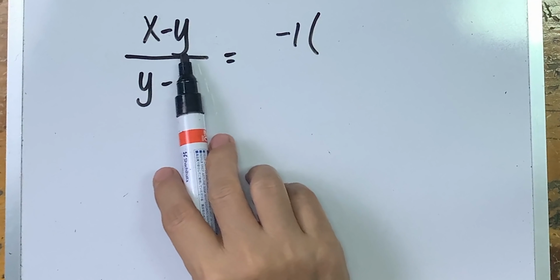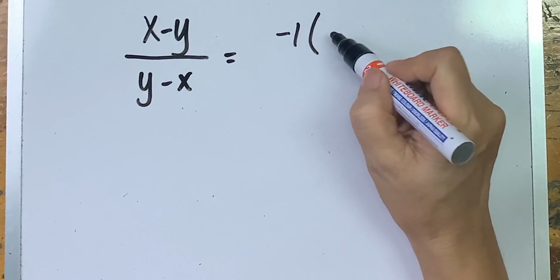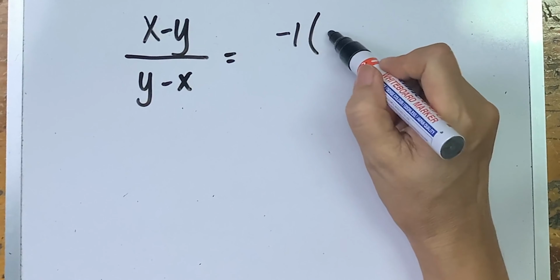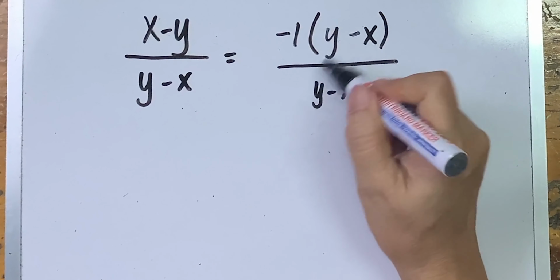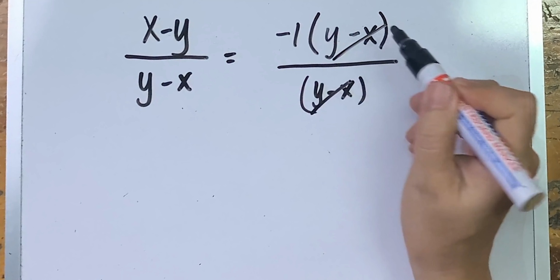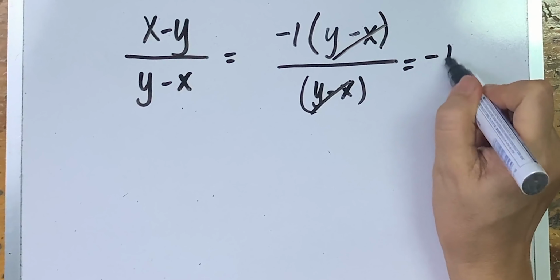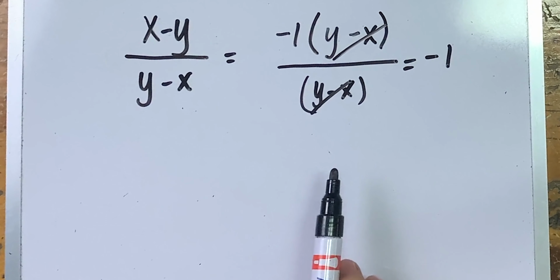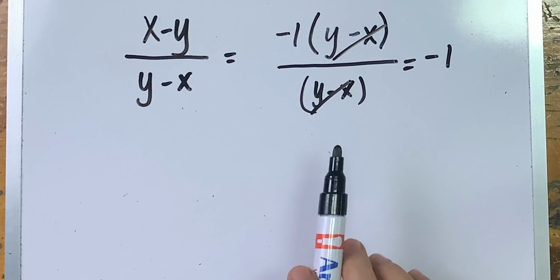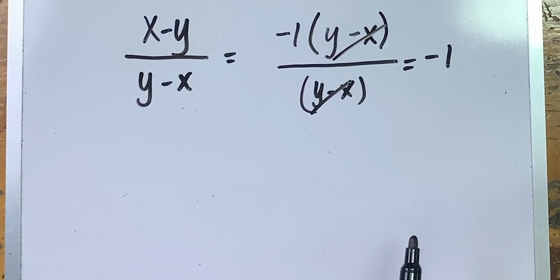So -y times -1 will give us positive y. Positive x times -1 will give us -x, over the denominator of y minus x. And then we can cancel y minus x with this one. So our answer is -1. You notice that the binomial is the opposite of the other. We can say that the quotient of the opposites is equal to -1.